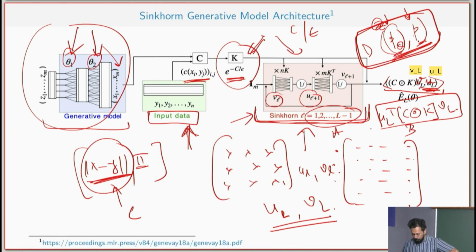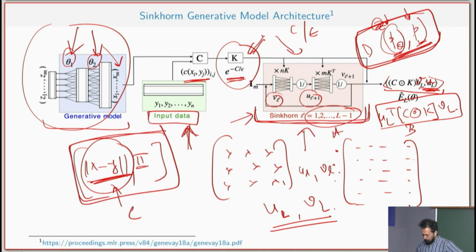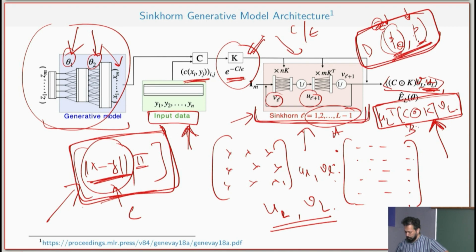Eventually, how far the generated distribution is from the real distribution is now dependent on this cost, because this is the final step. Everything boils down to computing this inner product eventually. Sinkhorn doesn't give you a one-shot way to compute this, so you did this iterative method, and then you are here, and this is estimating.